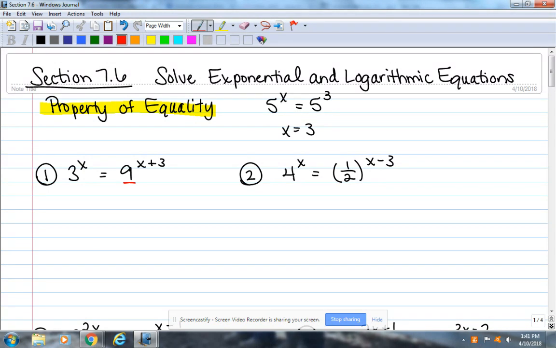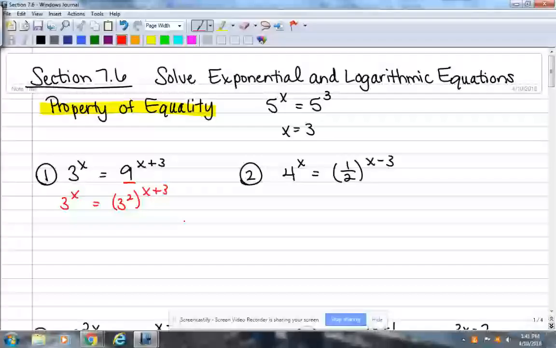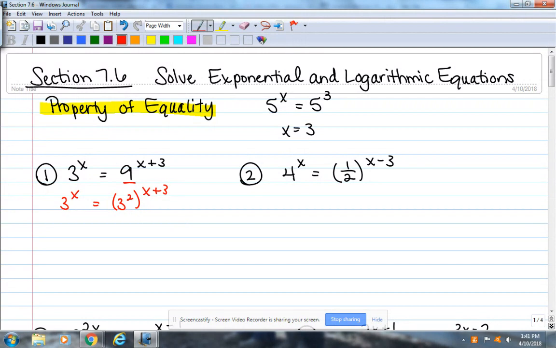Or should I say, what with a base of 3 equals 9? 3 to what power? 3 squared, right? So I can change this to say 3 to the x power equals 3 squared to the x plus 3. So all I did is I changed the 9 to 3 squared.